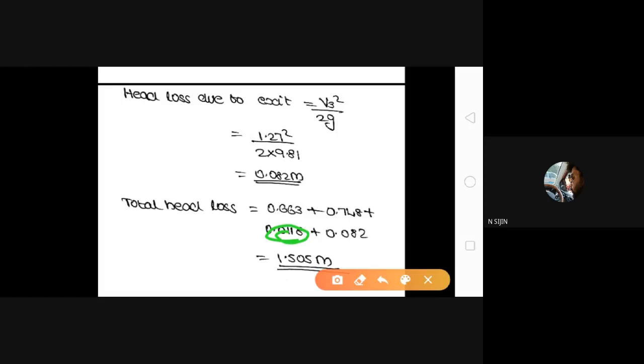What's the total head loss? Okay, we get the value 1.51.